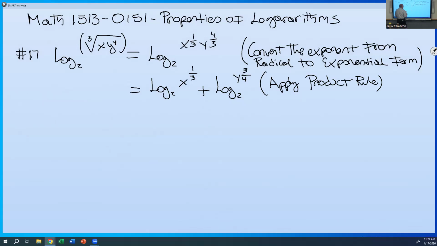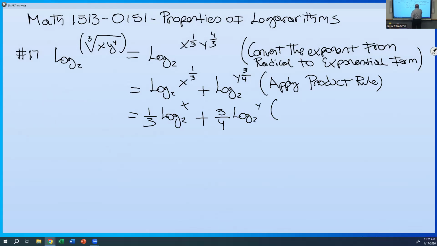Then I will use the power rule to move the exponent to the front of the logarithm. Because I have 1/3, the log 2 of x, plus you have 4/3, the log 2 of y.